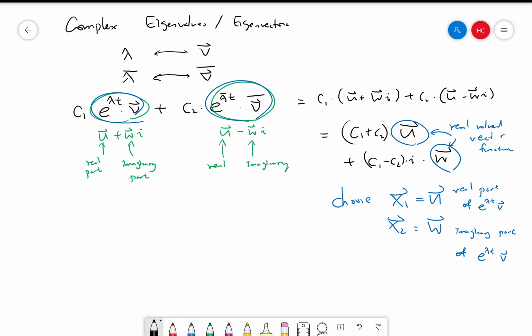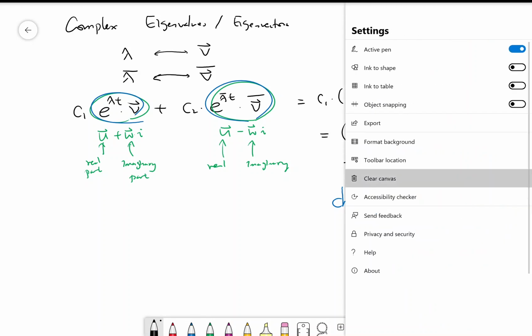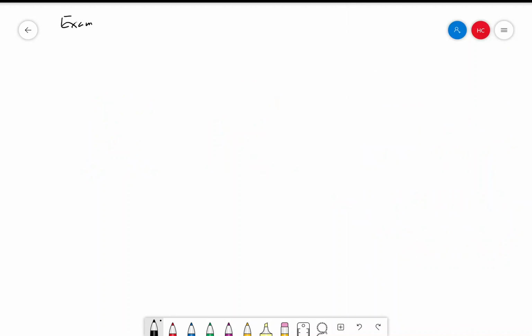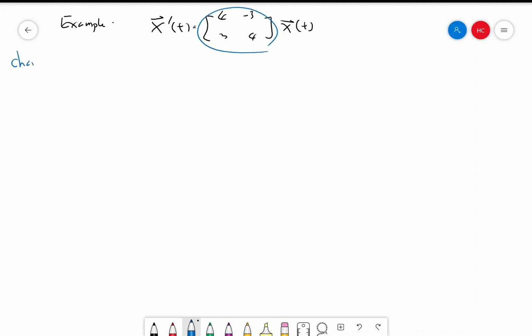Alright, so let's do an example to verify this. Suppose the vector x prime is equal to the matrix 4, negative 3, 3, 4 times x. Then first we try to diagonalize this matrix. So we solve the characteristic equation, which is determinant of A minus lambda I equal to 0.